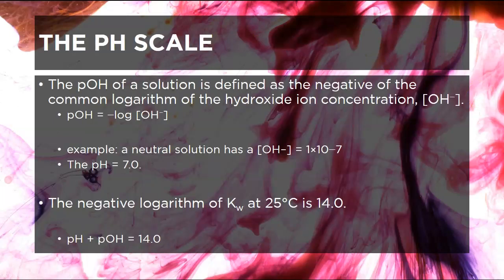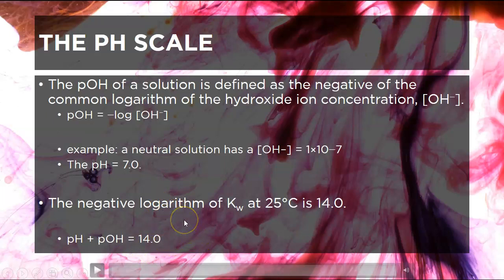There is something we don't use quite as often, but the pOH is kind of the opposite. It's just dealing with the hydroxide concentration. So a neutral solution would have a hydroxide concentration of 1 times 10 to the negative 7th. Therefore, the pOH would be 7. The pOH is how much I have to add to the pH to get 14.